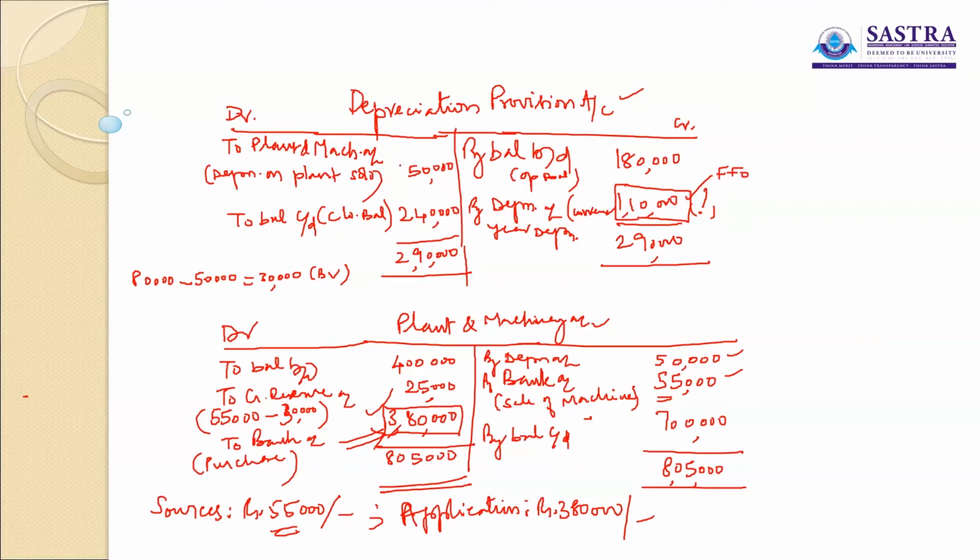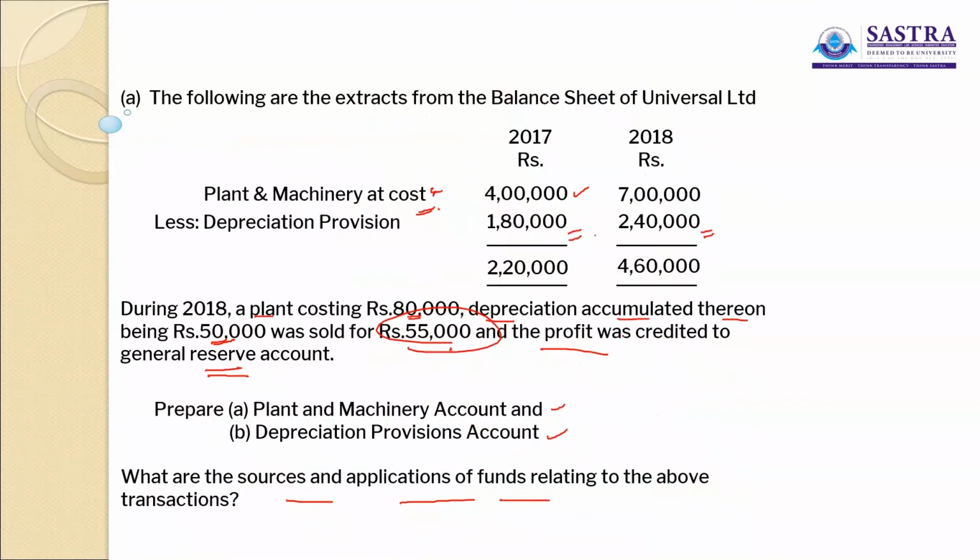And this 50,000 is important information to find out this balance 3,80,000. So all are interconnected. So this method is to be followed whenever the values of assets are given at cost.